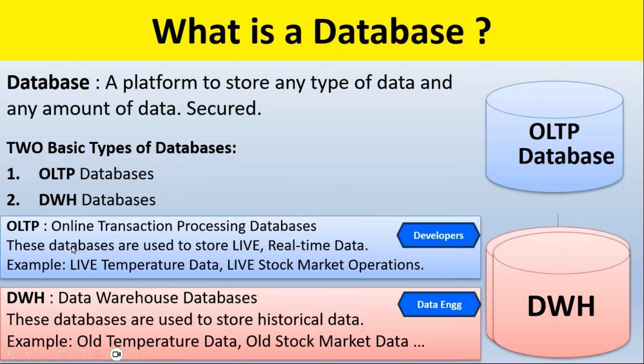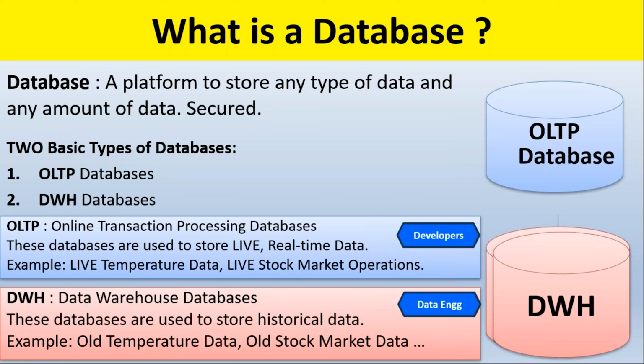These databases are used to store live, real-time data, like a live cricket match, live temperature, live stock market operations, and so on. For these OLTP databases, developers will take care.